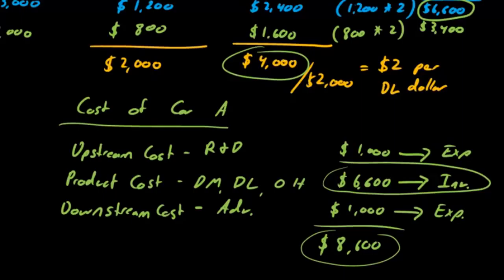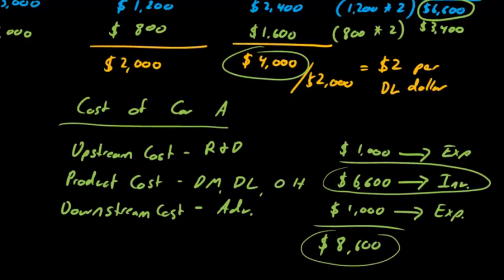So we want the sales price to be greater than 8,600. Otherwise, we're going to be losing money on these cars. So you want to consider all these different types of costs, but the only cost that actually goes in the inventory, where we spend the most time talking, is the product cost right here.